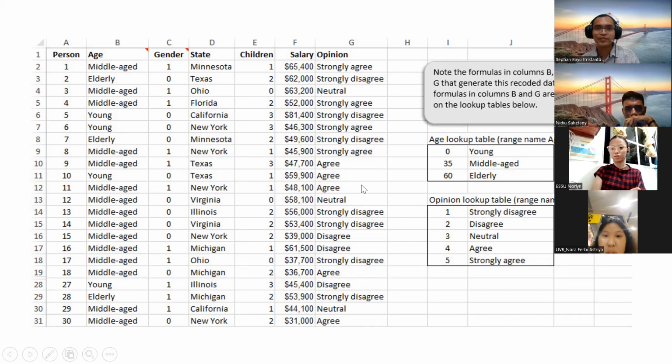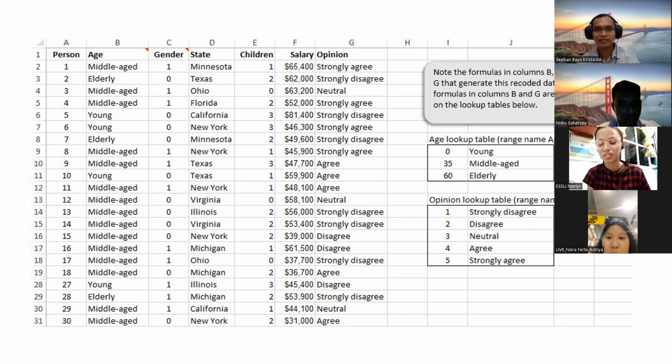Okay, so we have the numerical data and the categorical data, and can you find the discrete and continuous? Where is the discrete? In what variables? I think the salary is a continuous type of numerical data, okay, while the discrete is the number of children.